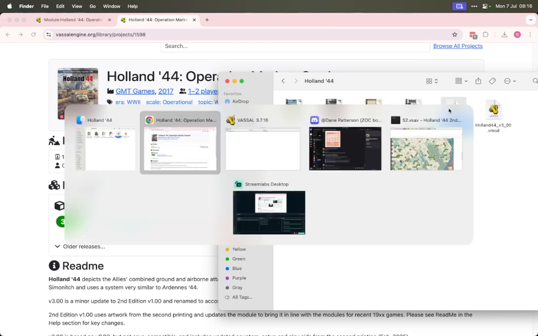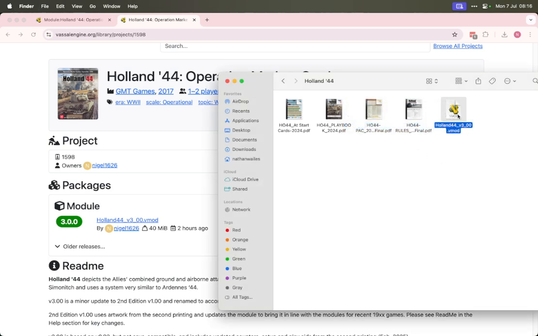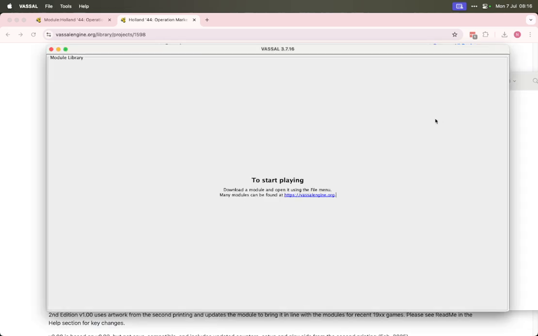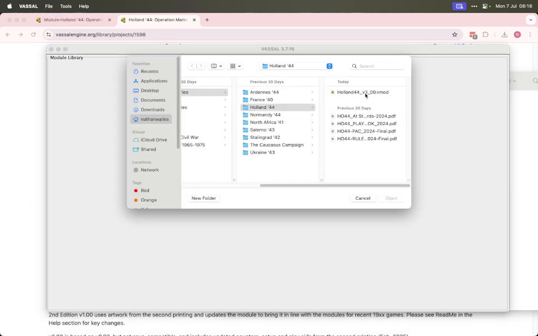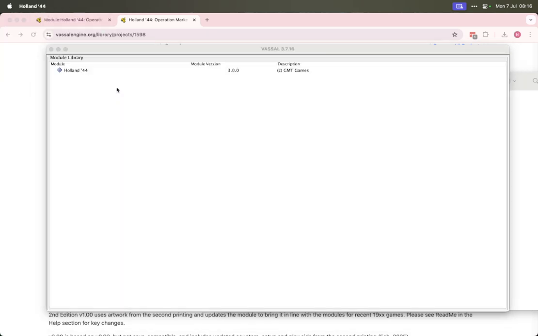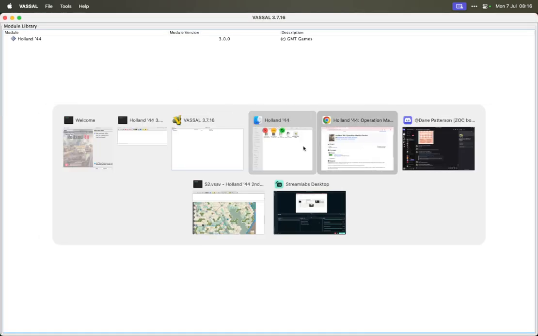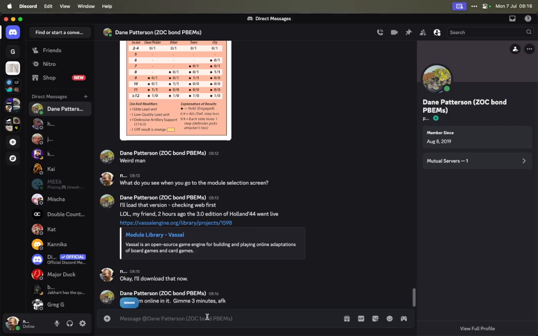And we'll delete that one, but I gotta quit first. So delete this, open this. Holland 44. Okay, I've got it downloaded and open in Vassal.